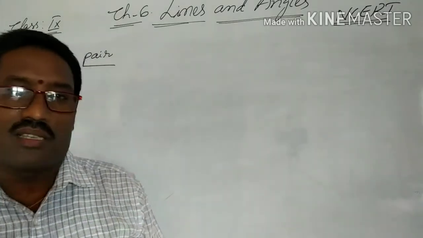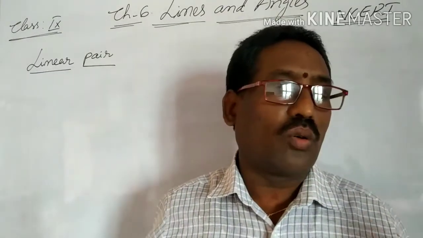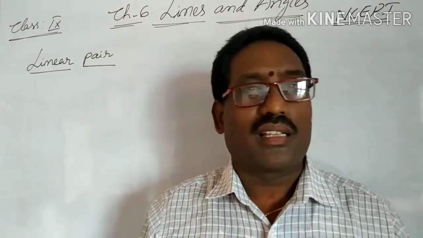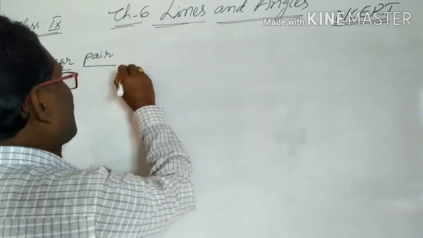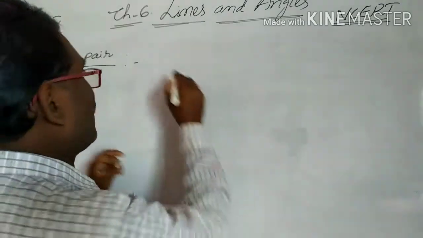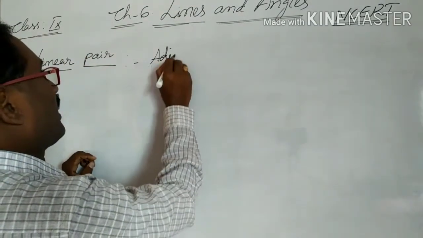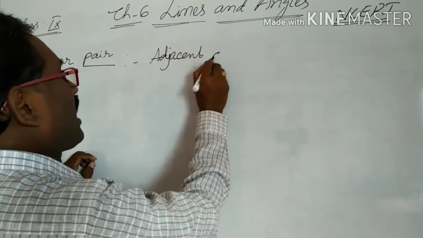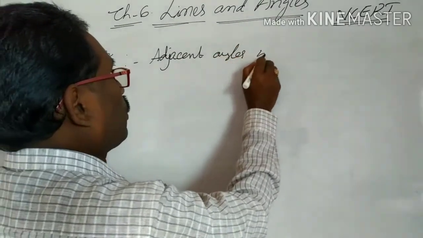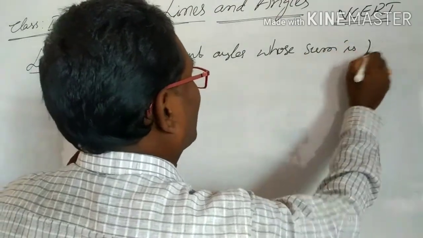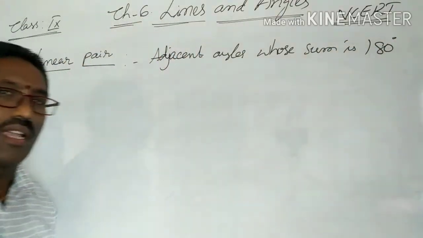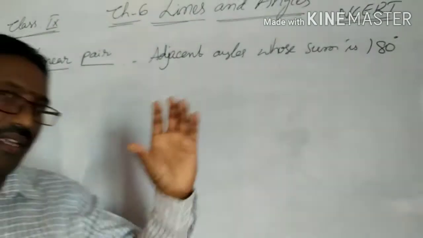A linear pair means adjacent angles whose sum is 180 degrees. That is called a linear pair.